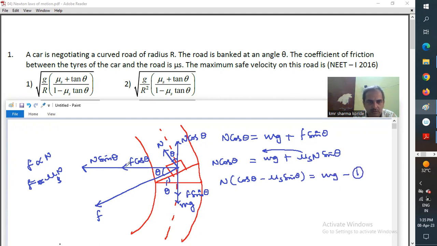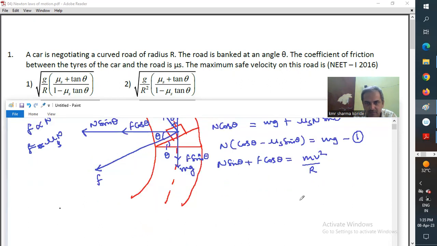Next, the component of frictional force and the normal reaction are acting towards the center. The combination of these two forces will be equal to centripetal force. Therefore, N sin theta plus frictional force component F cos theta is equal to centripetal force, where R is the radius of the curved path.